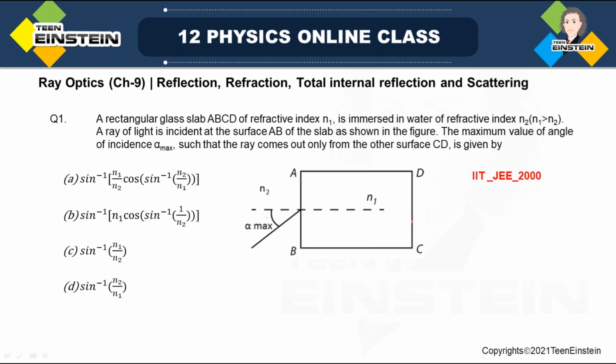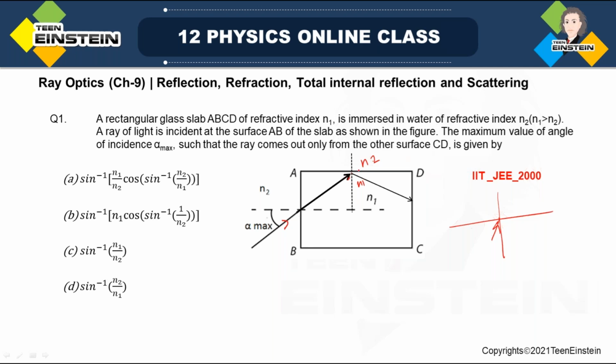Let us just see the schematic. If this is the incident ray, after slight refraction it goes here, and at this interface, this side has N2 and this side is N1. That means the ray of light is travelling from glass to water, that is, from denser medium to rarer medium.